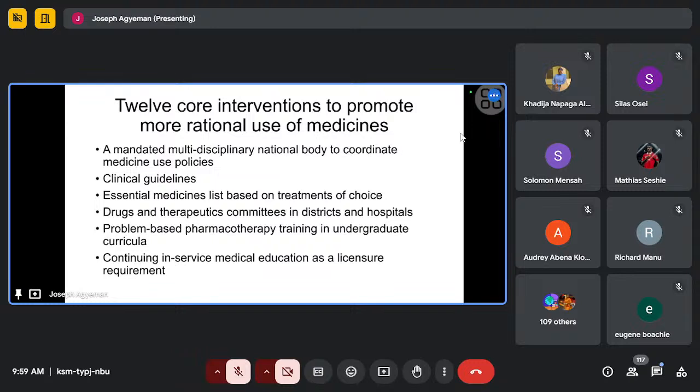We have some bodies for the development of policies like the Ghana National Drug Policy and several other policies when it comes to conditions. But setting up a body to take control properly in case of irrational use of medicines, we normally don't have yet, but we should have it.